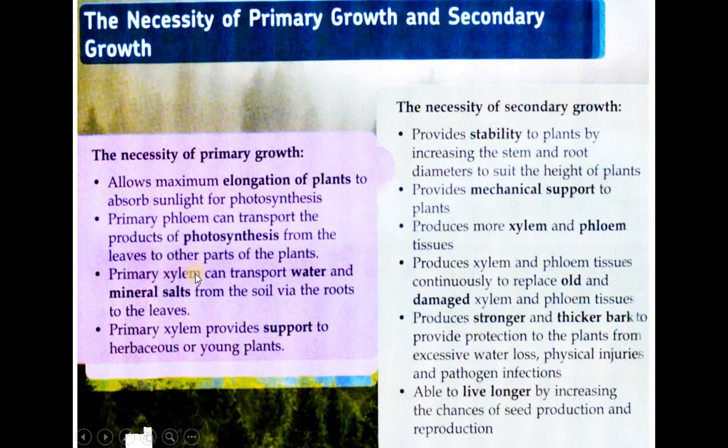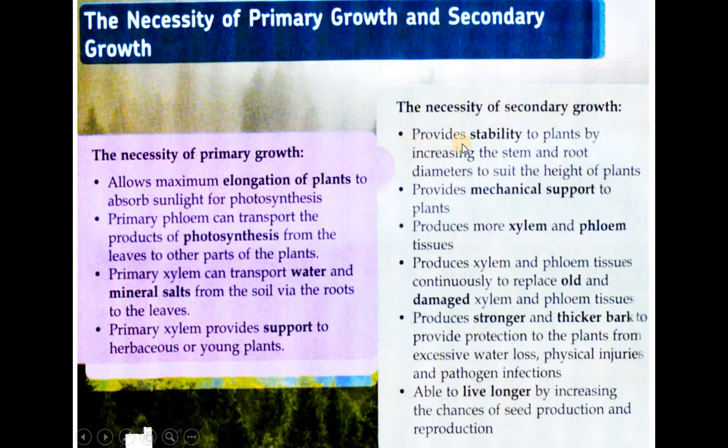Primary xylem can transport water and mineral salts from the soil via the roots to the leaf, and it also provides support to herbaceous or young plants. These are the necessities of primary growth. At least remember two or three of the importance. Now, the necessity of secondary growth.